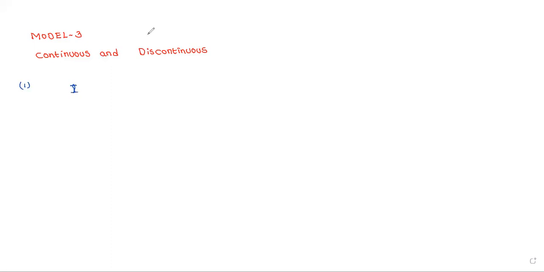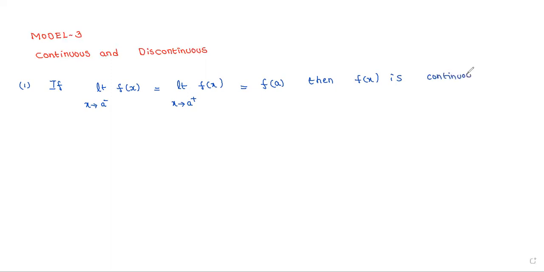If the limit as x tends to a minus of f of x is equal to the limit as x tends to a plus of f of x, which is equal to f of a, then f of x is continuous at x equal to a.